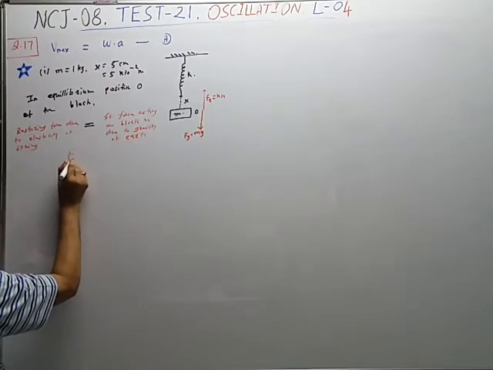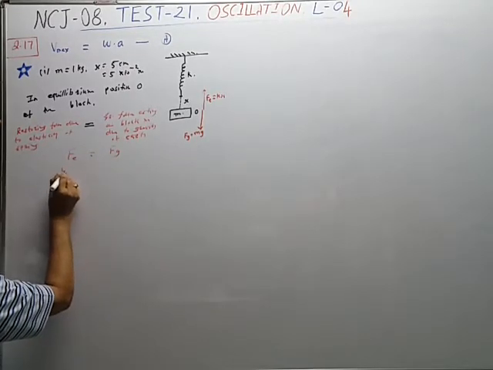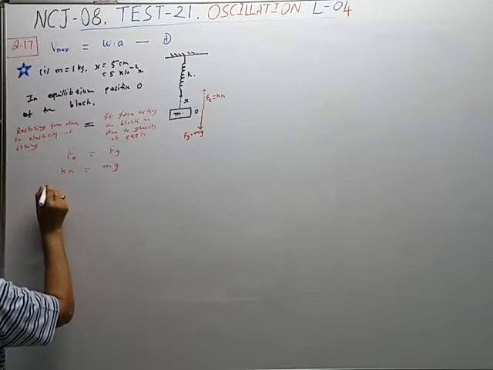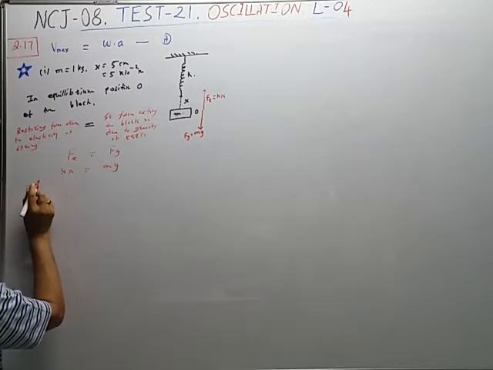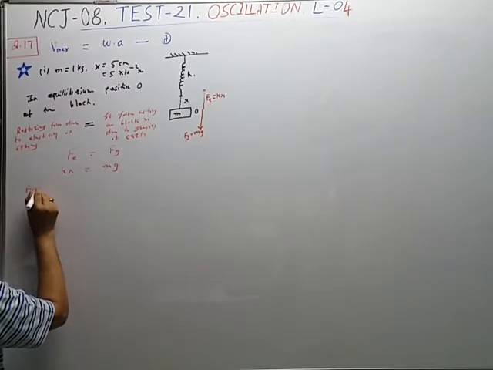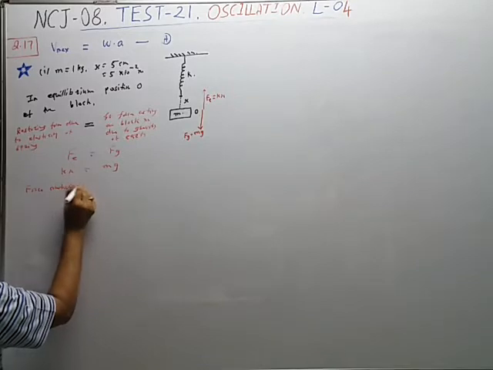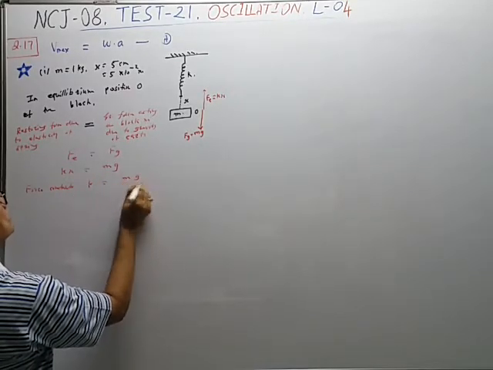Therefore, Fe, the force due to the elasticity, is equal to Fg. Therefore, Kx is equal to mg. Therefore, force constant K is equal to mg upon x.